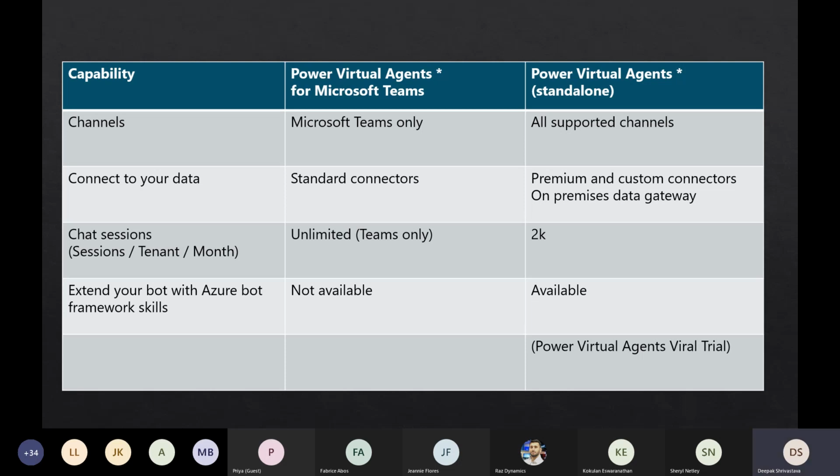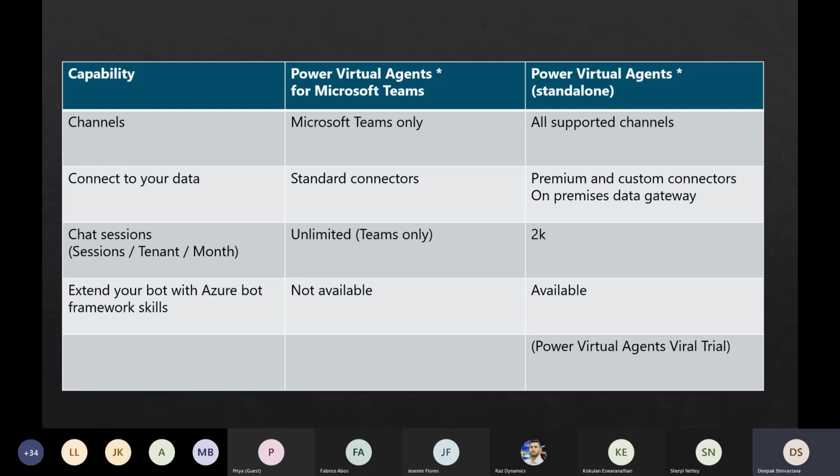The data: if you are using Power Virtual Agent under Microsoft Teams, the data you can connect to is through the standard connectors that come with Power Automate. If the connector is standard, you can easily connect because that is covered under the Microsoft Teams license.